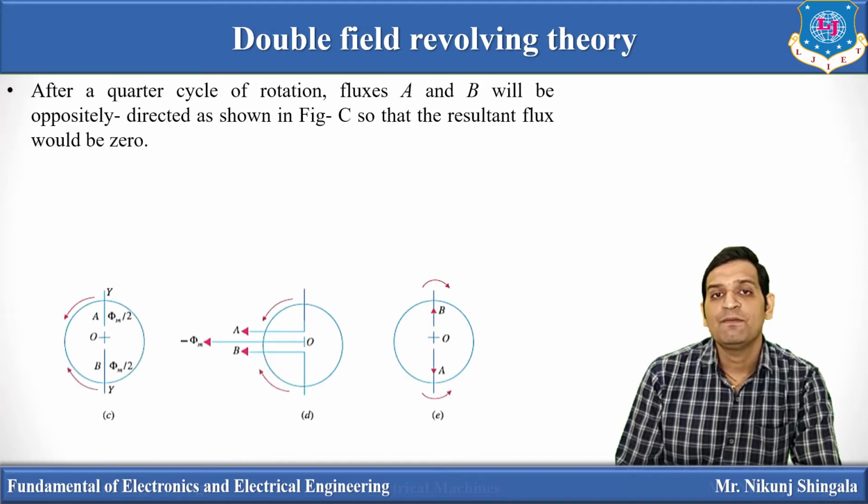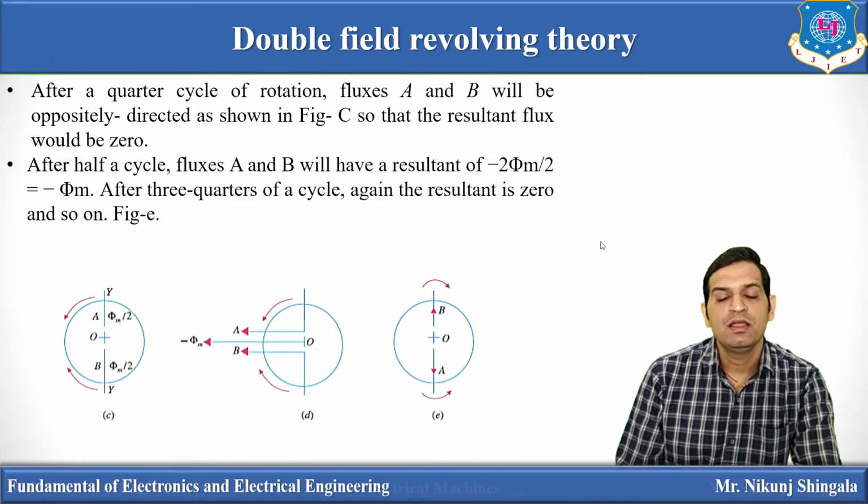After a quarter cycle of rotation, both are in the YY position. Fluxes A and B are exactly in opposite direction, so the resultant flux will be zero because both have the same magnitude and opposite direction. After a half cycle, A and B will have a resultant of minus 2 into phi m by 2, that is minus phi m.